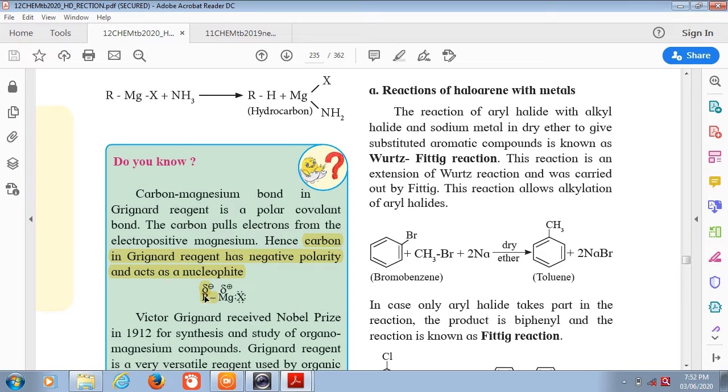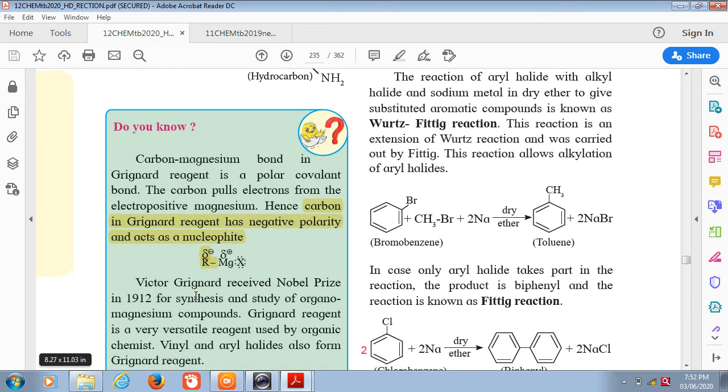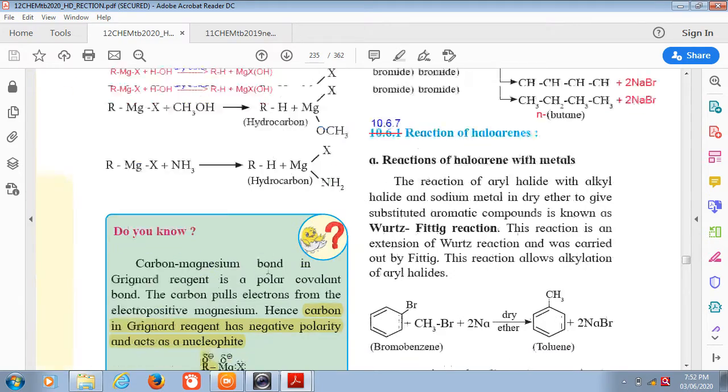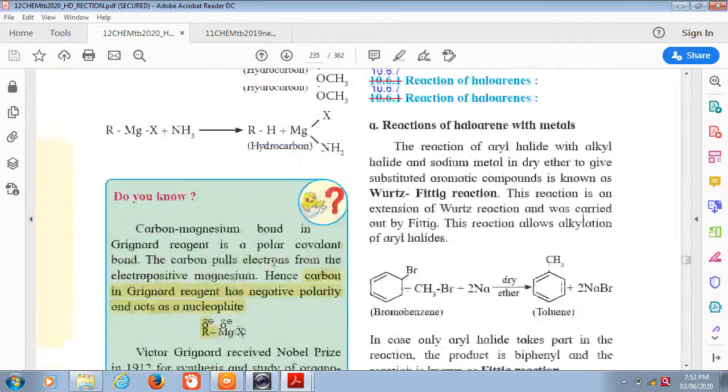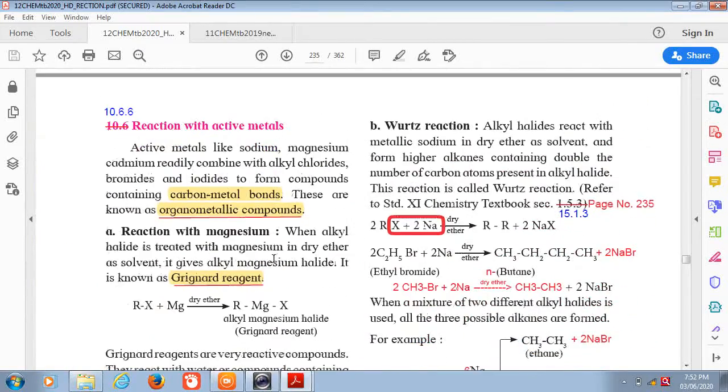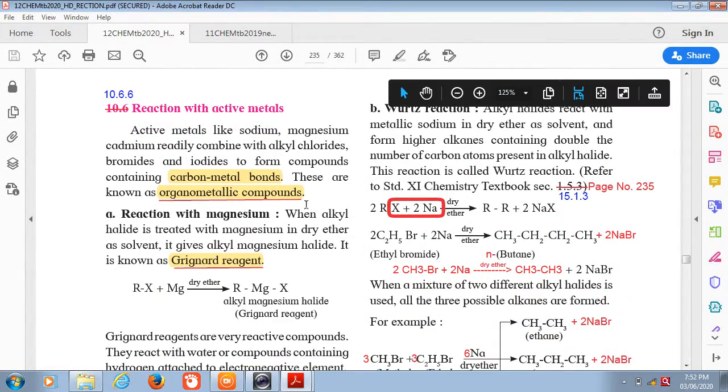The alkyl group from Grignard reagent acts as a nucleophile, and it will attack an electron deficient center to give different products in organic synthesis. Now let us see the Wurtz reaction.